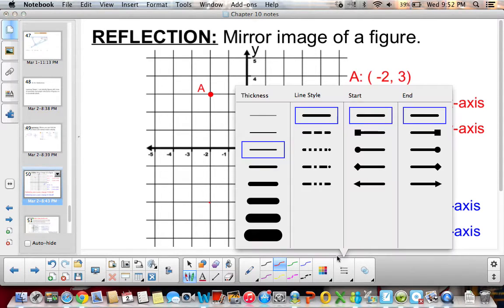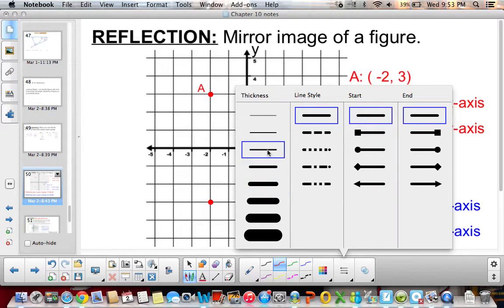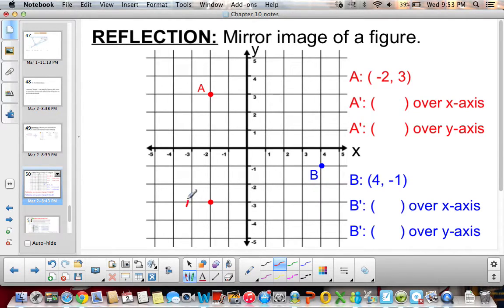And our point is right here. And then we would call that A prime. So I'm going to label it A prime. And we can see we go over to the left 2, so -2, and then -3.